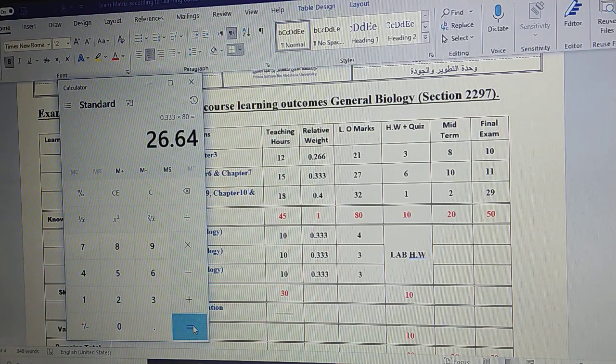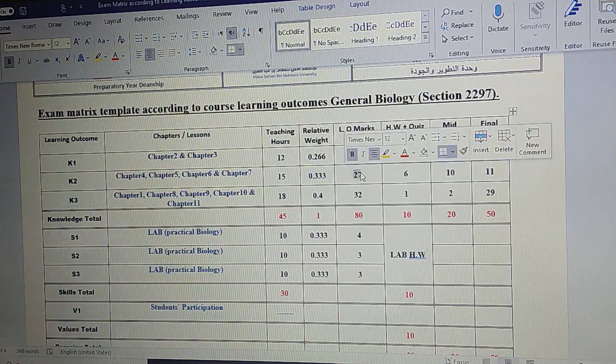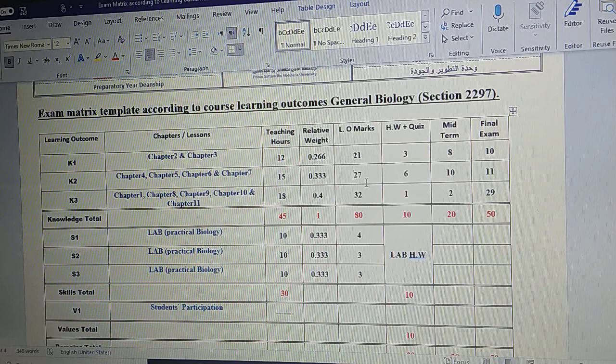It will be about 26.64, about 27 marks, okay? And also for K3, it will be 32. So I divided the 80 marks among all the learning outcomes.